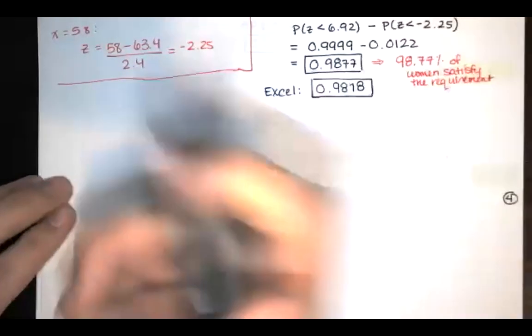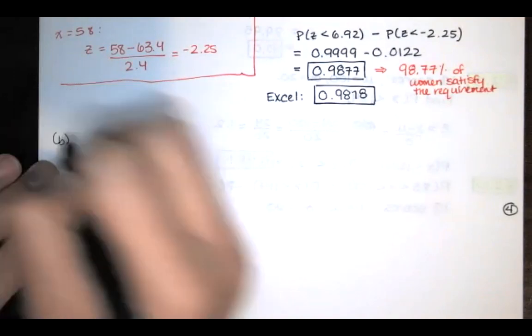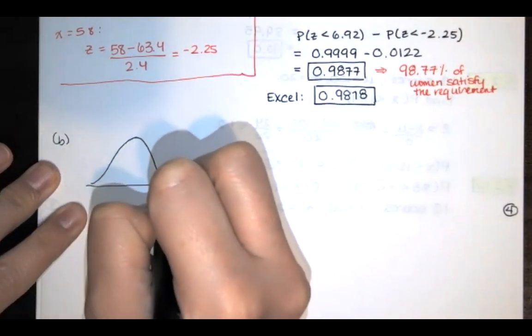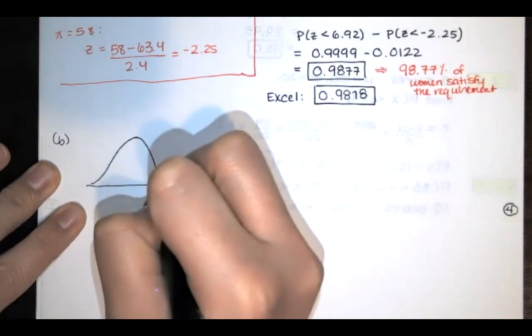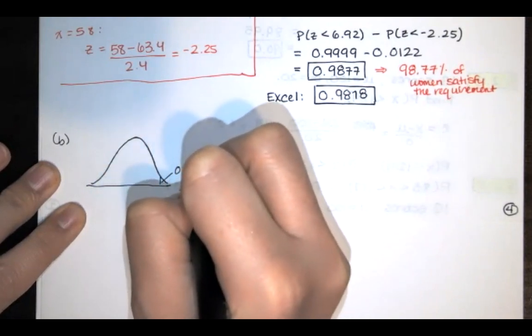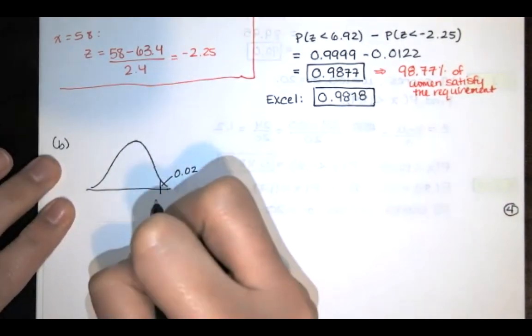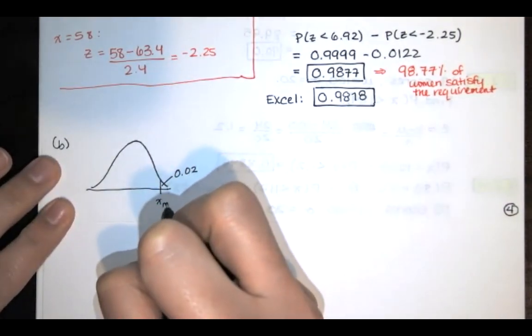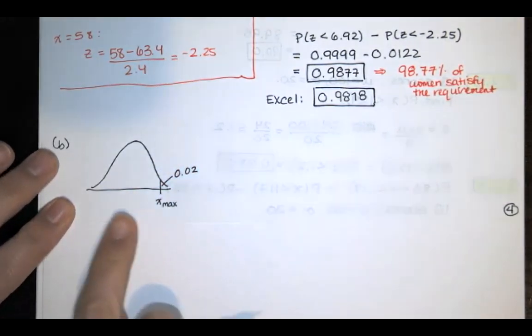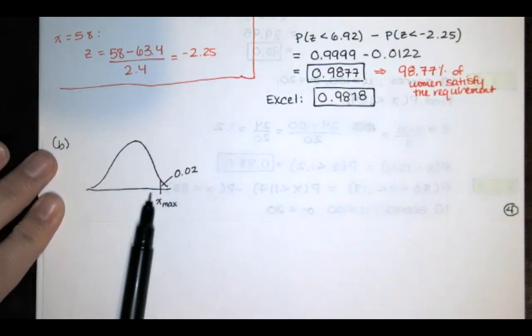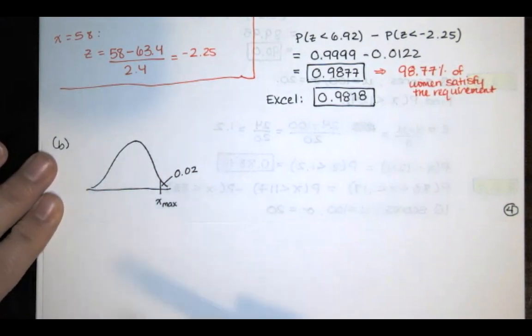Okay, so I will draw a picture. Here's my normal distribution. I want to find out the height that gets rid of that top 2%, that isolates that top 2% from the bottom 98%.